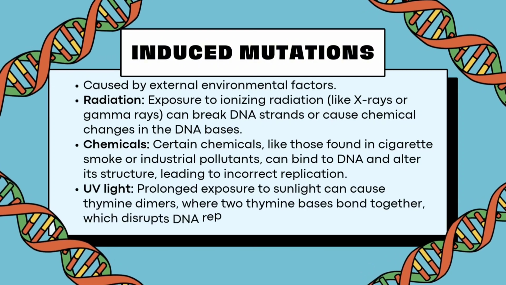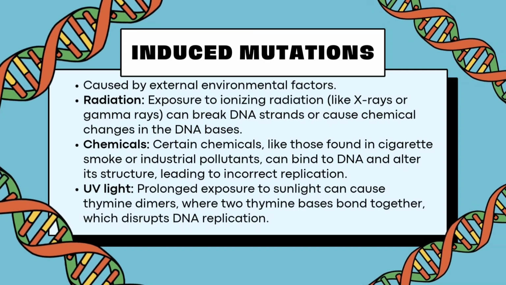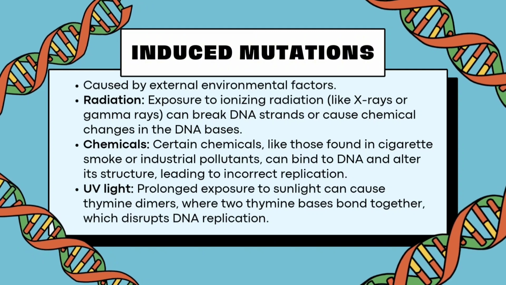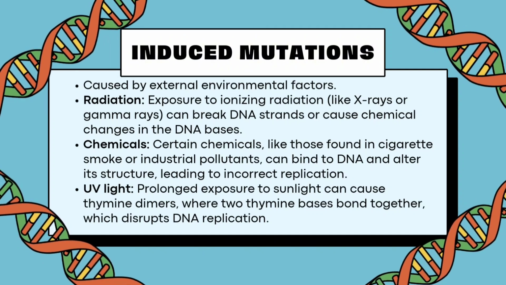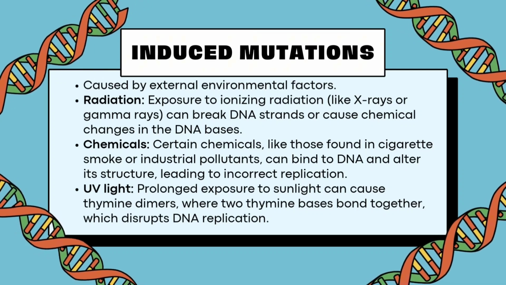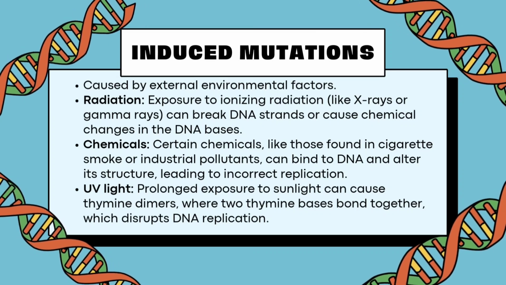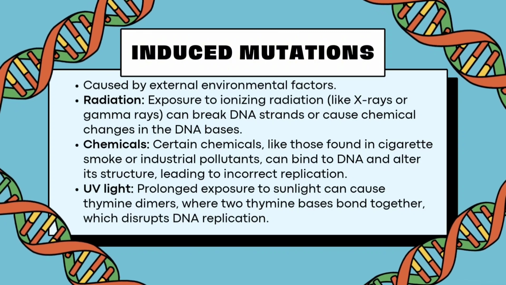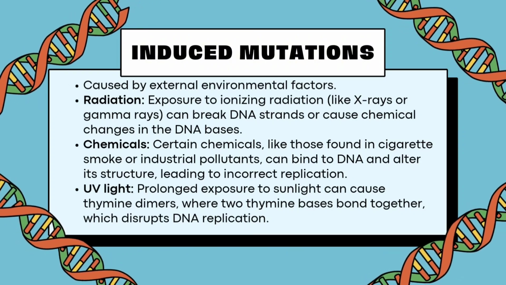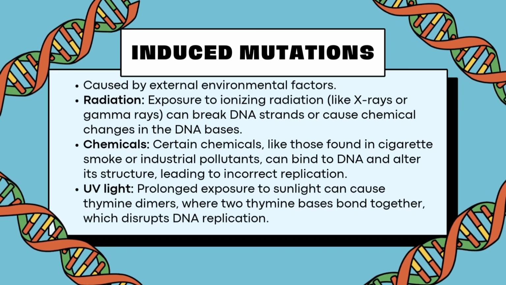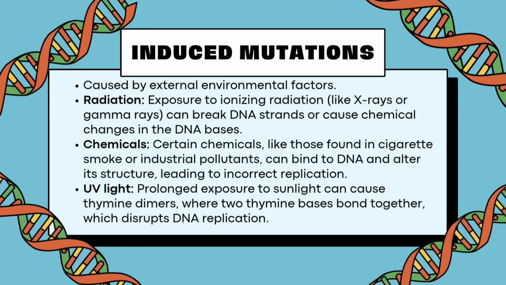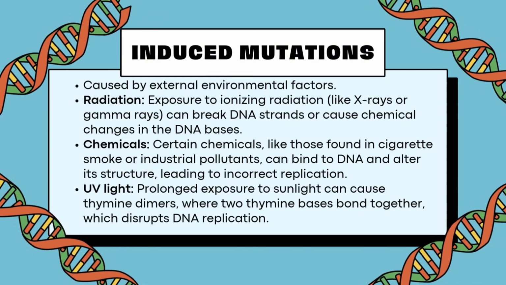Substances found in cigarette smoke, certain industrial chemicals, or even some household products can bind to DNA, altering its structure and potentially leading to improper replication. In addition, ultraviolet or UV light from the sun can damage DNA by causing thymine bases to bind together, forming what's known as thymine dimers. These dimers prevent DNA from replicating correctly, which can lead to skin cancers and other issues.